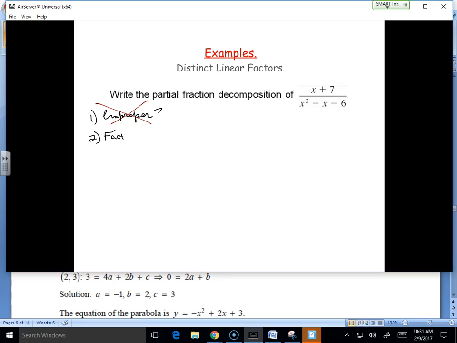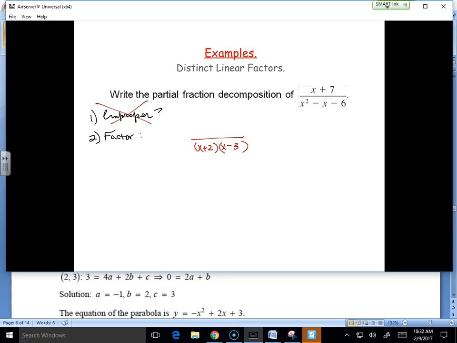Factor. Oh, yes, please, right? Factor who, though? Denominator. So we're going to go ahead and factor the denominator. Hopefully this is a fairly easy one. Not all of them are, but this one is. Do you guys get x plus 2 and x minus 3?